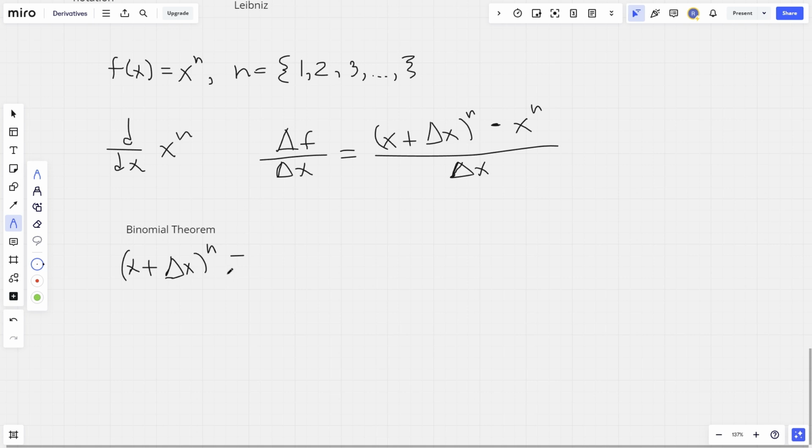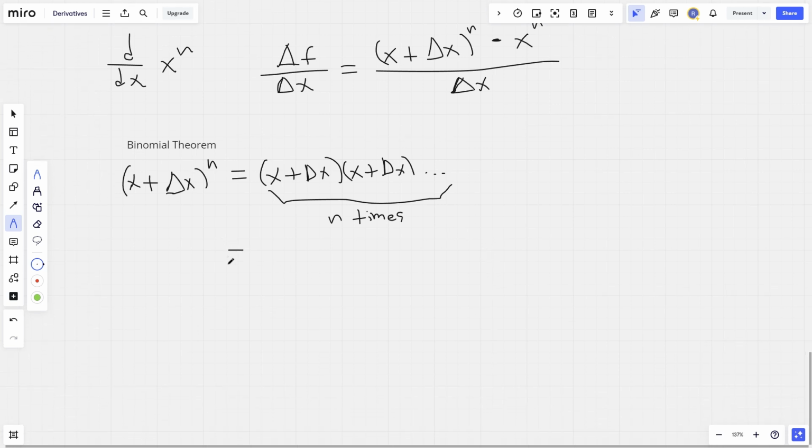And what we basically get is x plus delta x times x plus delta x, and so forth, n times, right? This is equal to x to the n, if you multiply every x in this long chain, plus, let's say I take one delta x and multiply by every other x. I could take this one delta x and multiply by every other x, or I could take this one delta x and multiply by every other x.